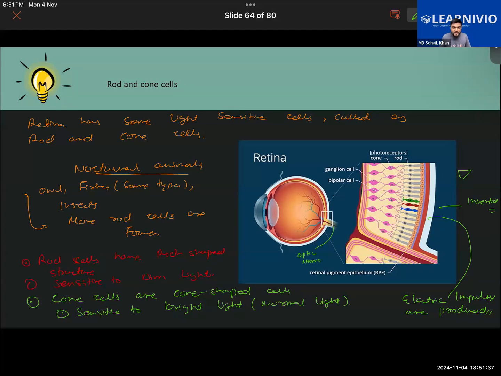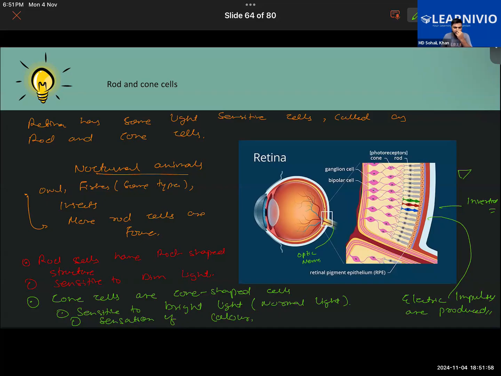They will also be responsible for giving us the sensation of the color of objects. You are able to look at the colorful world with the help of the cone cells.